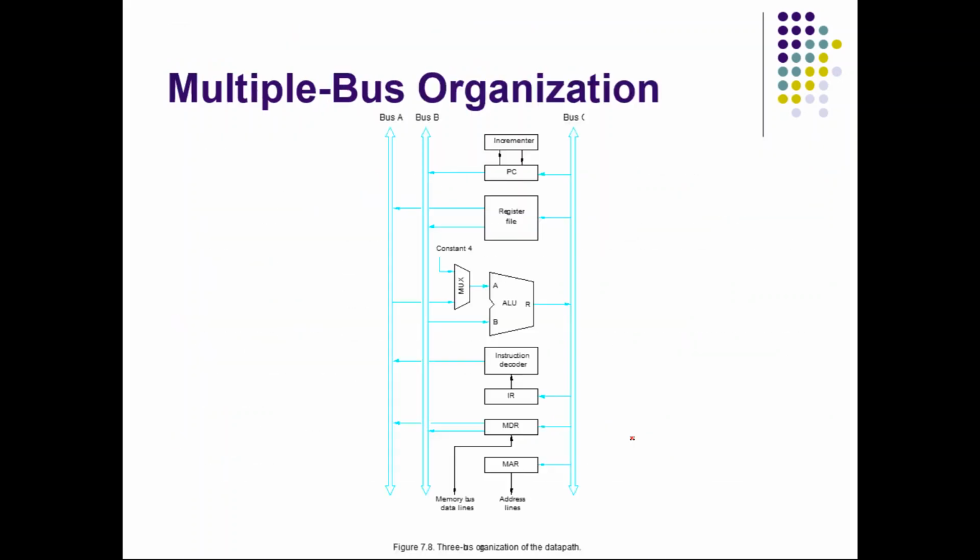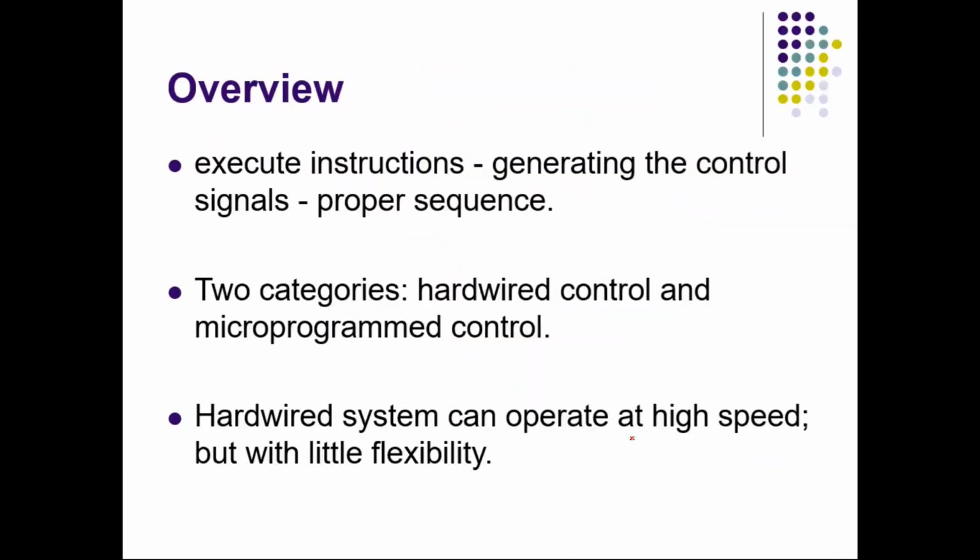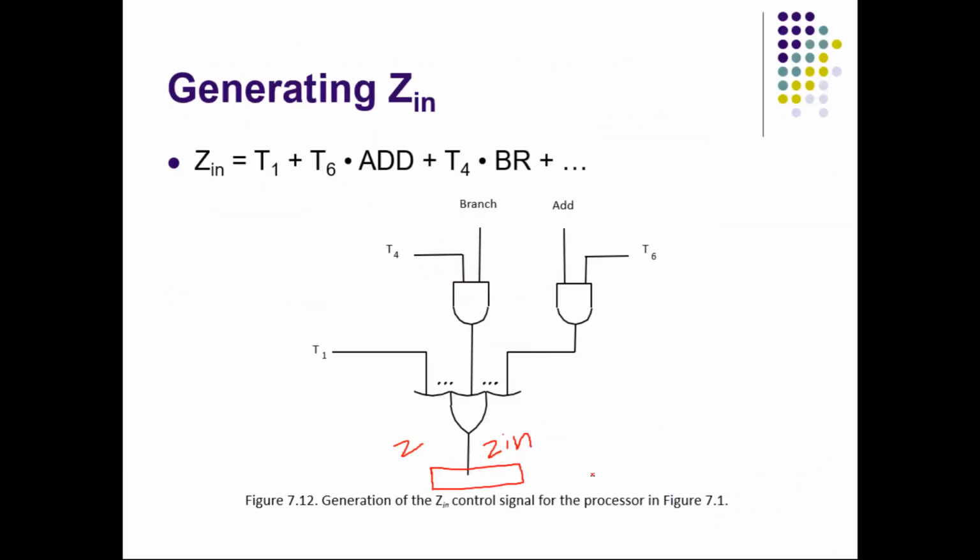One such option is shown here for Z in. Basically, there is an OR gate, and this OR gate can take input either from T1, this unit, or from this unit, or from this unit.